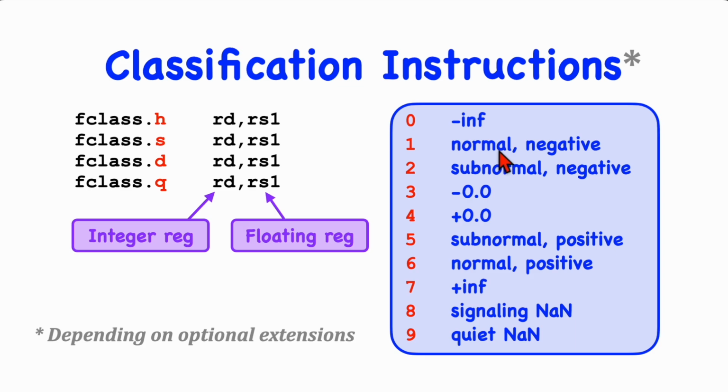It can be a normal number or a so-called denormal or subnormal number. It can be positive or it can be negative, and it might possibly be a not a number value. So here are all the code values, and one of these integers is moved into the general purpose integer destination register to tell you what sort of thing you've got.